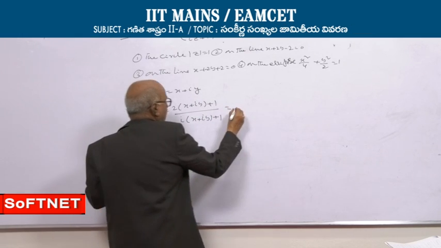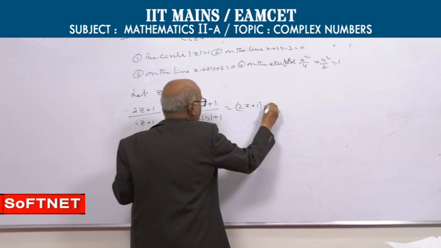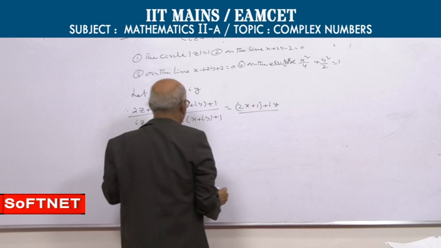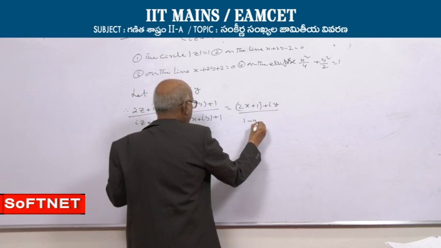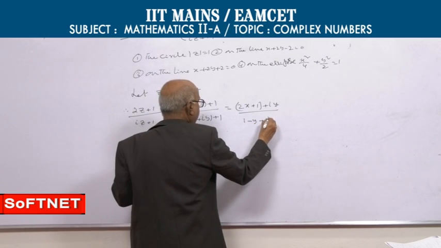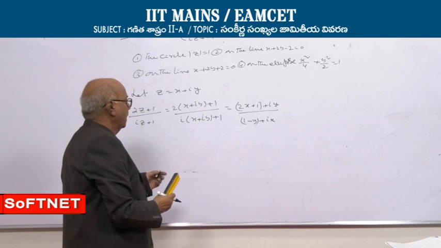So that is 2x plus 1 plus iy by, you will get 1 minus y plus ix.